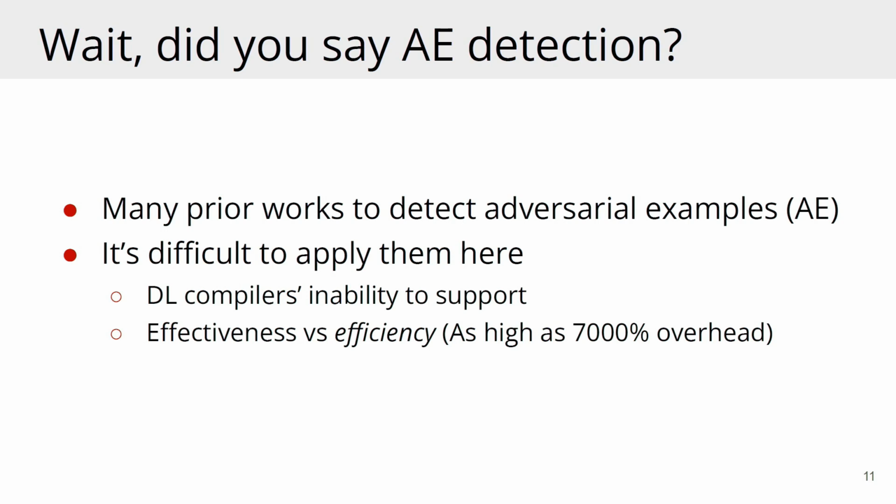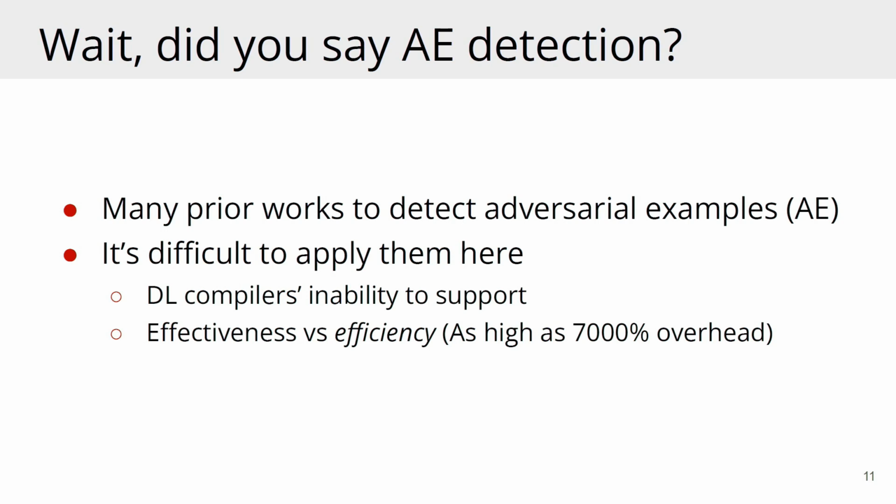There are various reasons, and one major reason is that they frequently introduce operations that are not supported by DL compilers. For example, matrix inversion, set operations, and training new models.